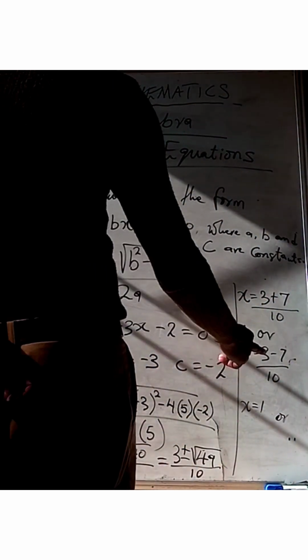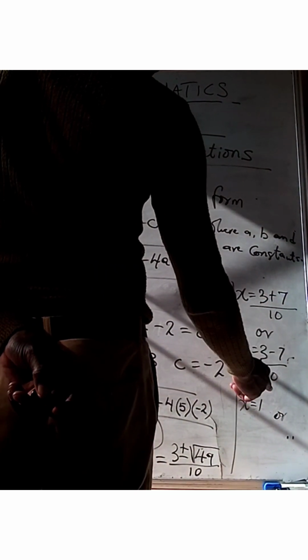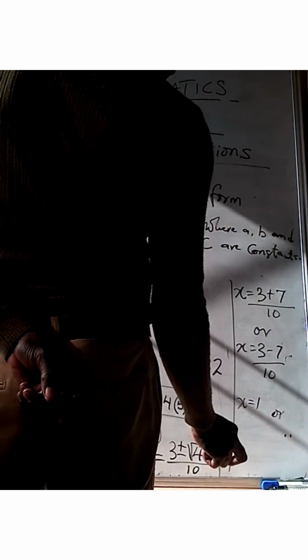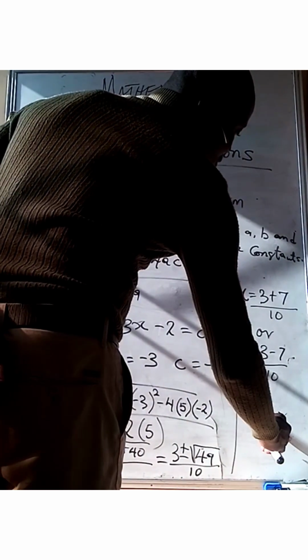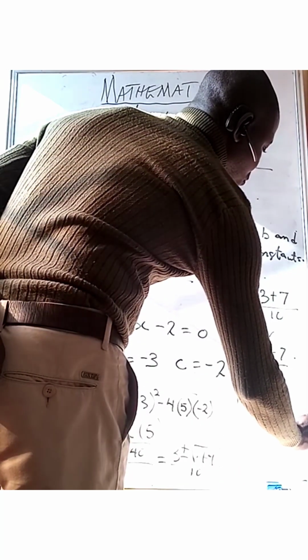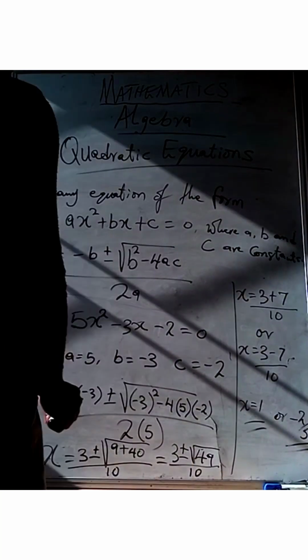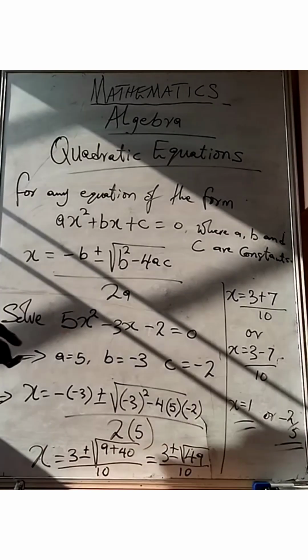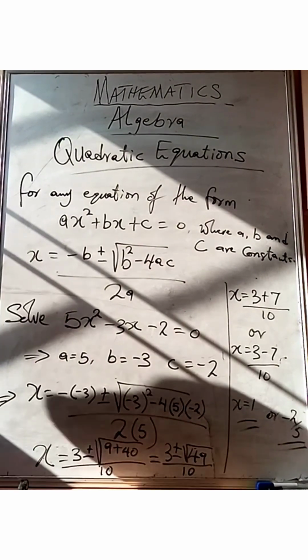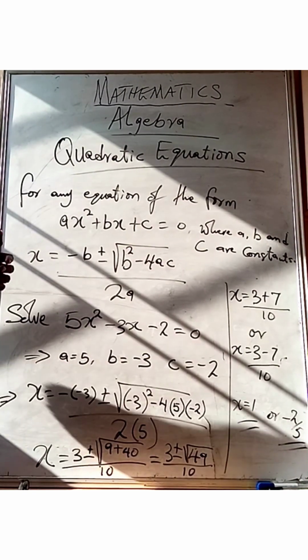This is 10 over 10. x is equal to 1, or if I subtract this from this, I will have negative 4 over 10, which is going to be negative 2 over 5. These are the solutions of this equation using the quadratic formula.